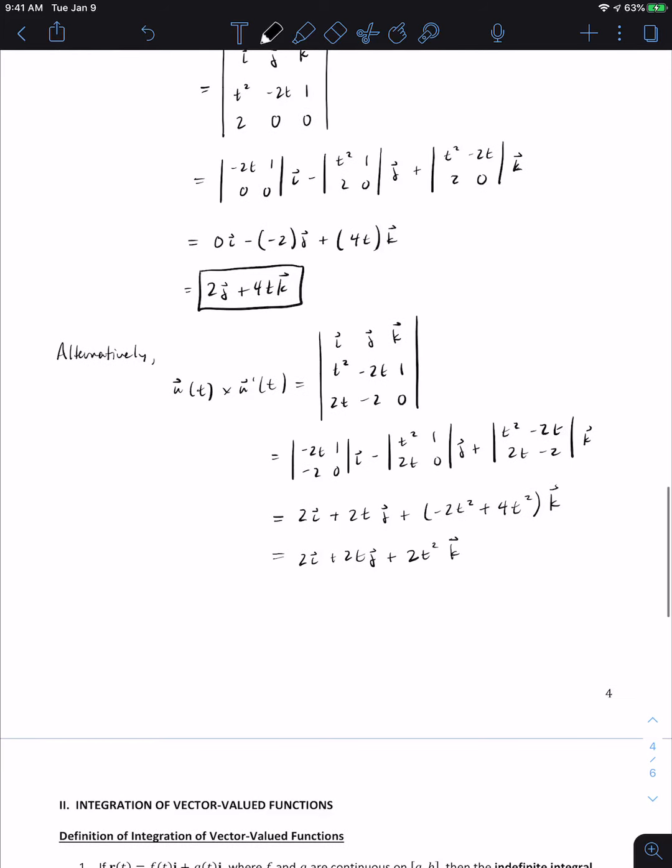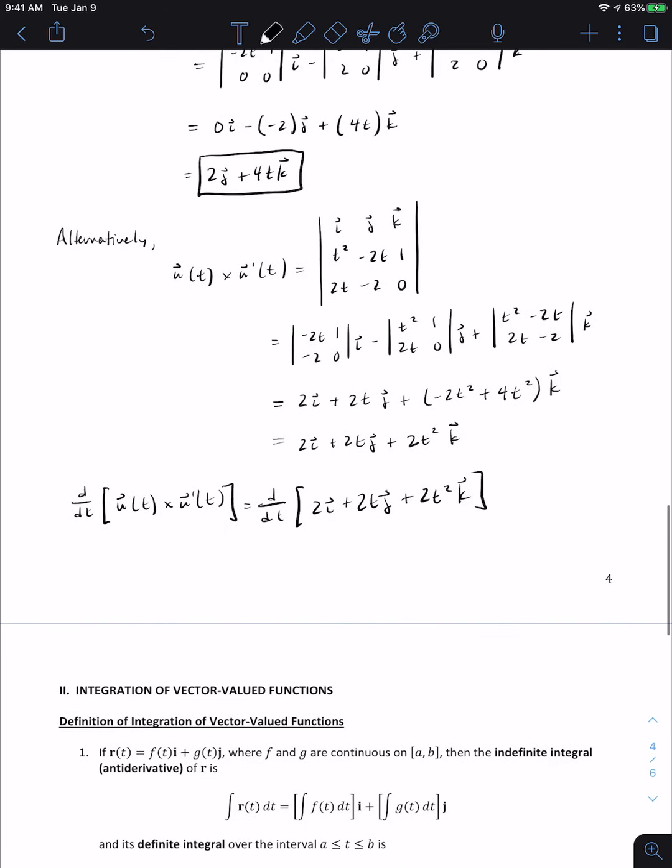Now I can take the derivative of that. The derivative of u of t cross u prime of t is the derivative of what we just found, which is 2i plus 2tj plus 2t squared k. When we compute the derivative, we do it component-wise.